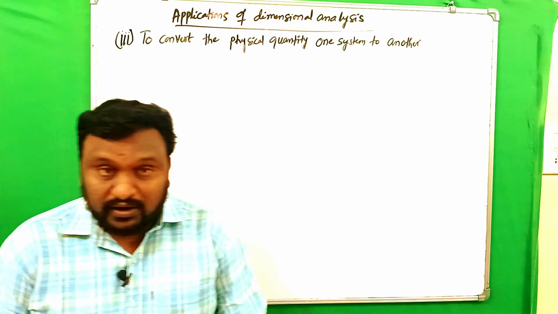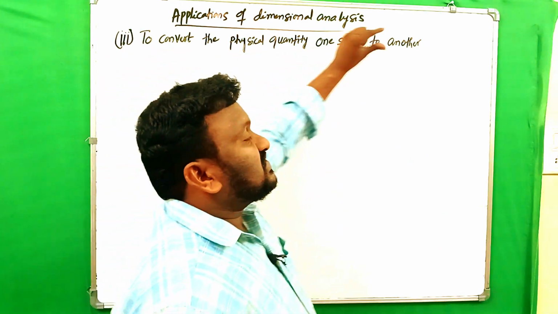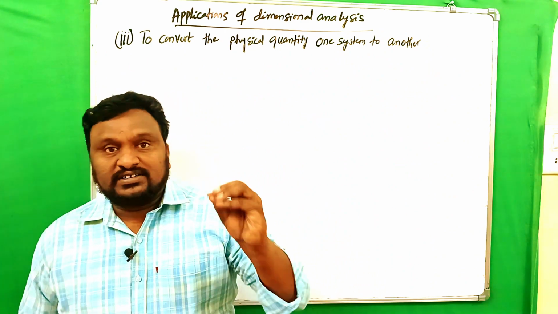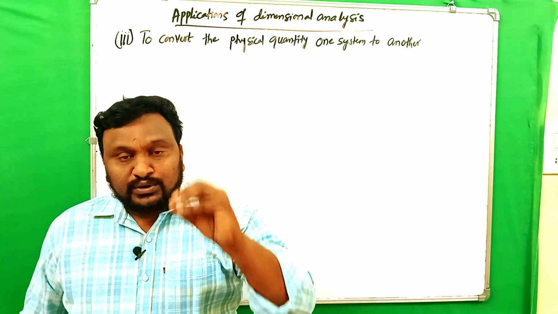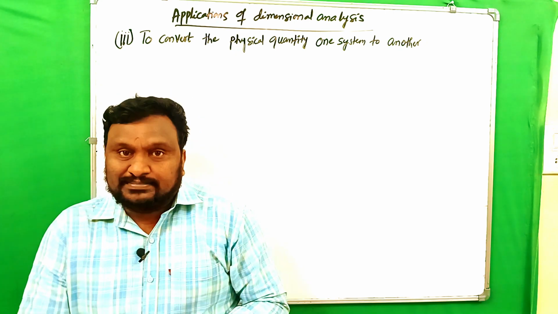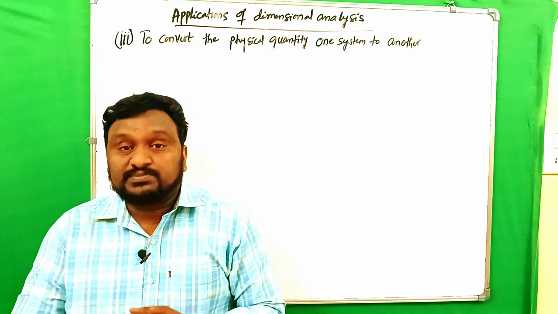Clear? Third one: to convert a physical quantity from one system to another system. One physical quantity is there, and it has some units. The unit can be converted from one system to another by using dimensional analysis. How is it possible?